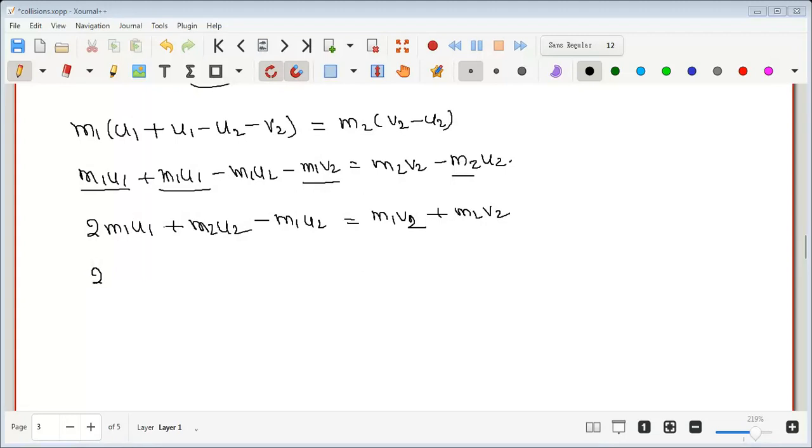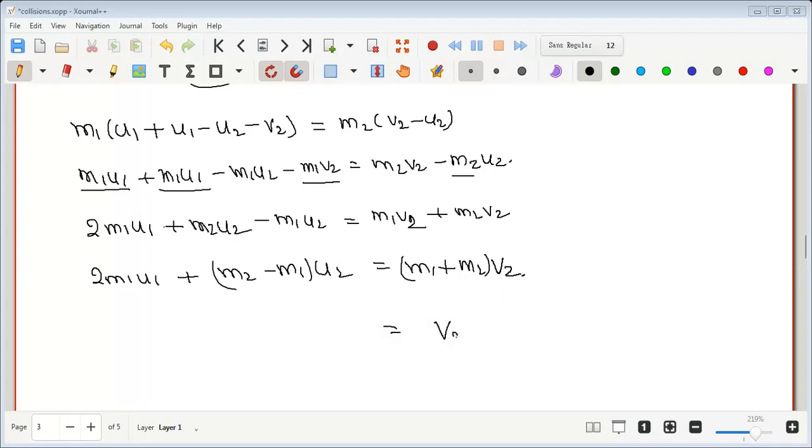Now 2m1 u1 plus, taking common term u2, (m2 minus m1) into u2 is equal to (m1 plus m2) into v2.